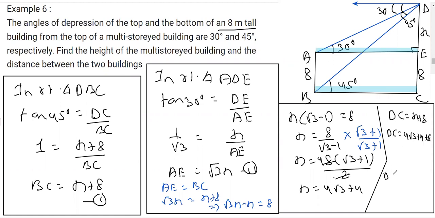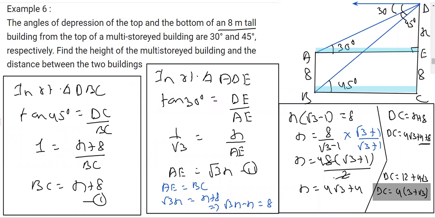Therefore, DC comes out to be 12 plus 4 root 3. In one step, we can even take 4 common to show DC as 4 times (3 plus root 3). So this is the length of DC.